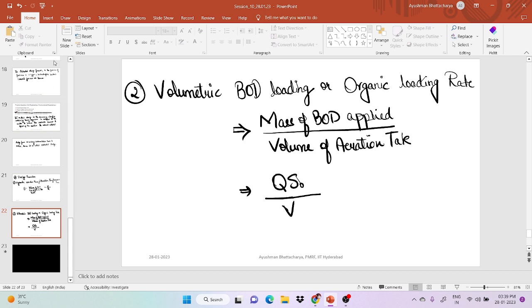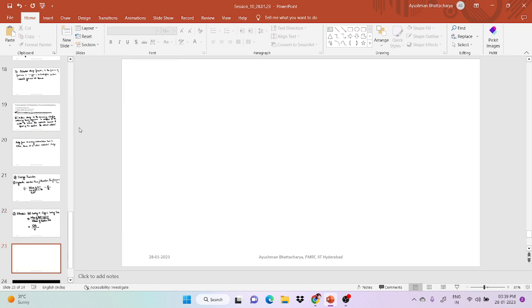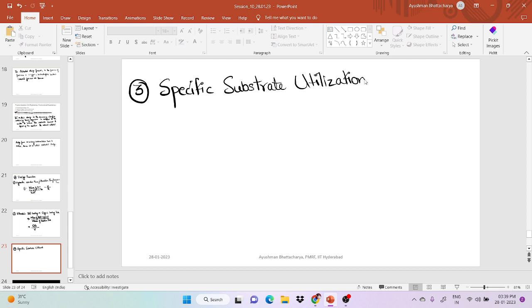Okay. Now let's move to the third. What is meant by specific substrate utilization rate? Specific substrate utilization rate U is equal to Q (S naught minus S) by Vx.